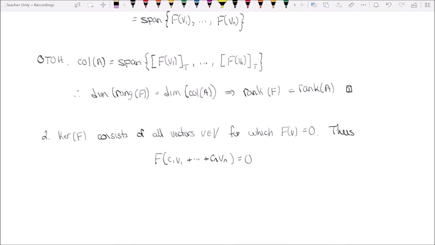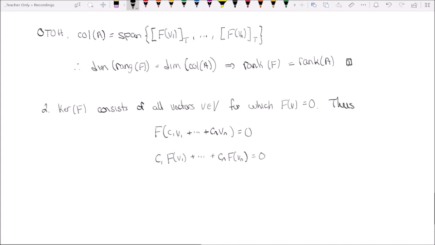So that's the first step, and then we can write this, again, where each vi is in S and each ci is a real number.